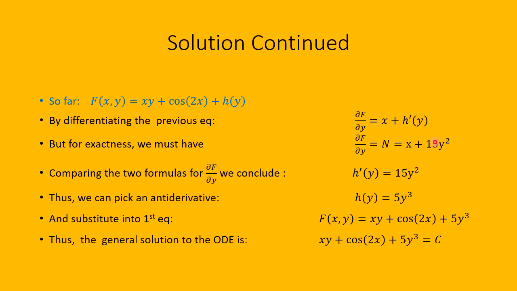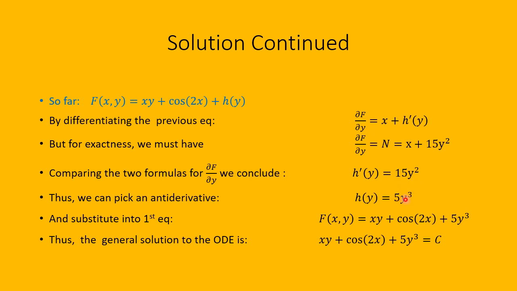So comparing these two expressions for the same partial derivative, they both have terms in x, so h prime of y must equal 15y squared. That's what we have right here. So anti-differentiate with respect to y, and we have h(y) is 5y cubed. Remember, that's 15 times 1/3 y cubed, which is 5y cubed.